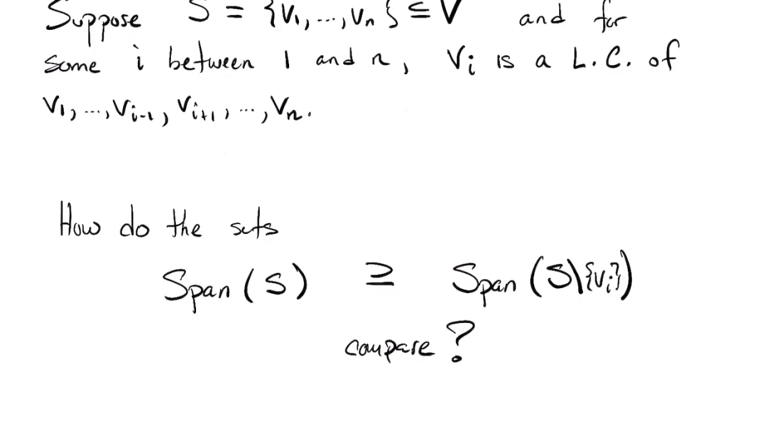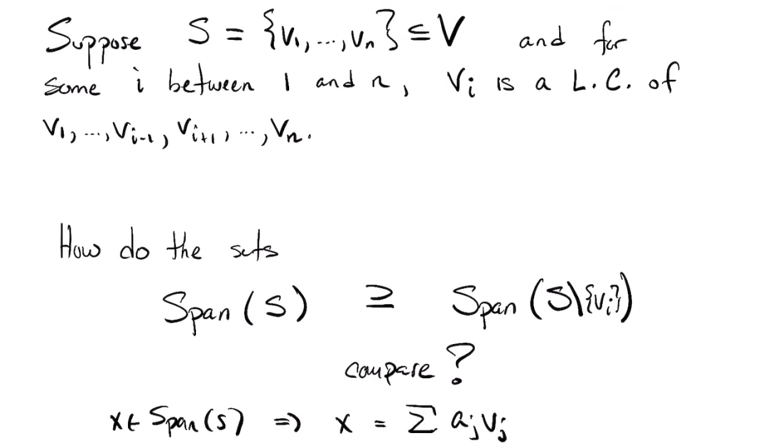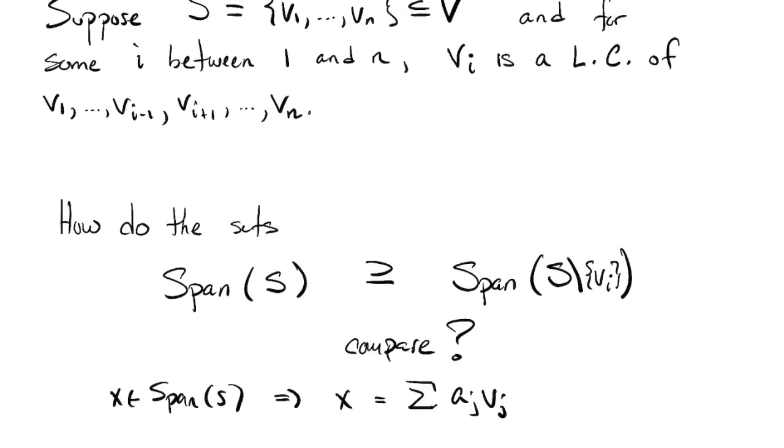And how to see that? What if you take some vector x in the span of S? We just have to remember what the definition of that means. It means that you can write x as some linear combination of those vectors. I'm going to keep this brief here. S is the vectors v1 to vn, so if you're in the span, you're some combination of them.